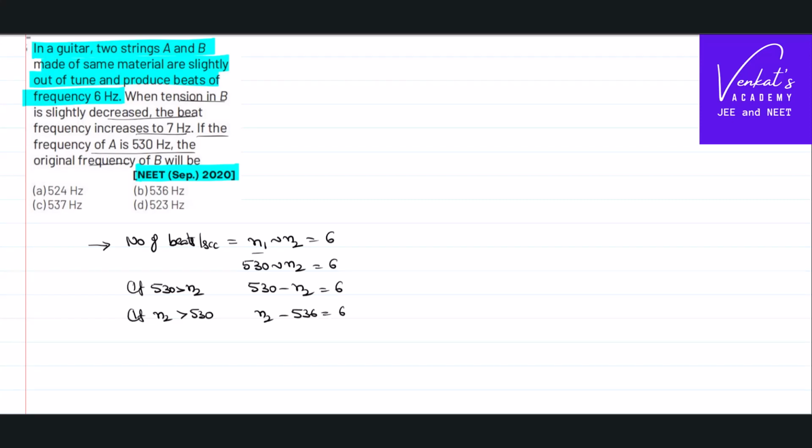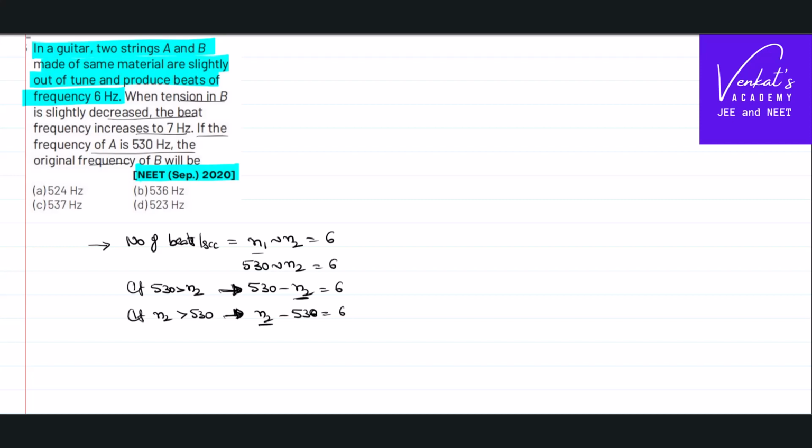Out of this, one option is correct, and the answer also becomes one answer. If the first equation is correct, taking N2 to the other side, 530 minus 6, that's 524. If the second possibility is correct, N2 becomes 530 plus 6, which is 536. So I have to check which is correct.